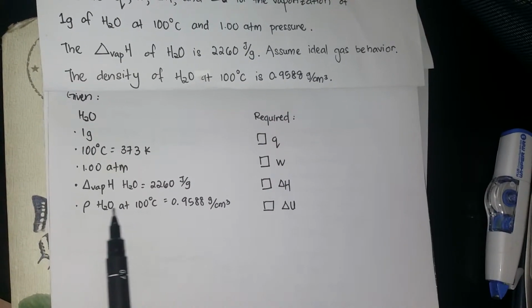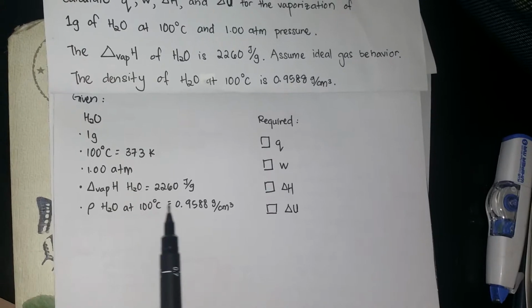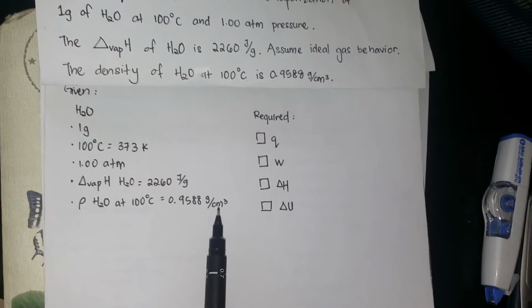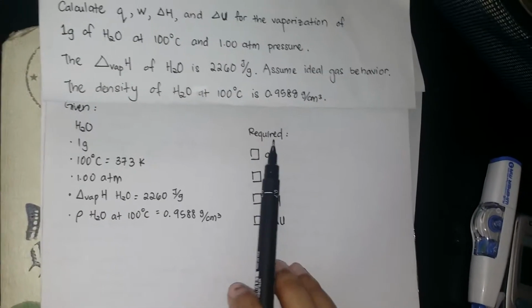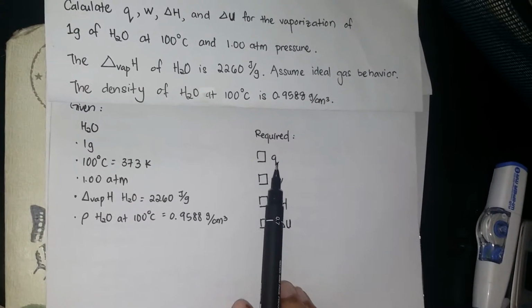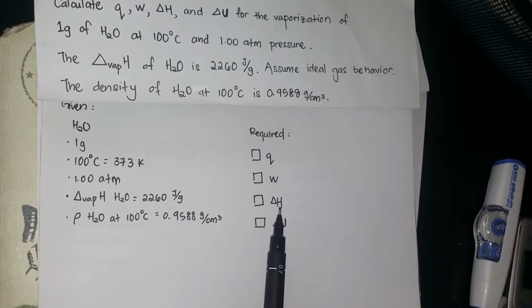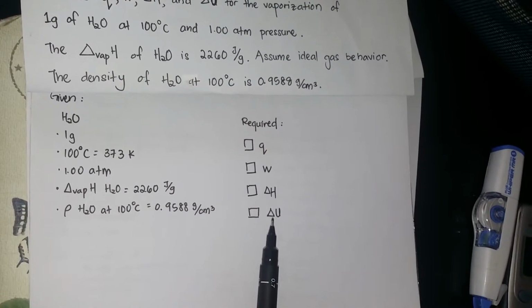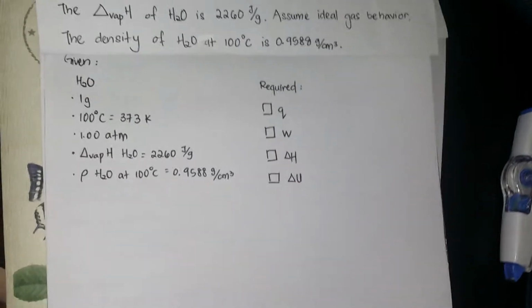Density at 100 degrees Celsius is equal to 0.9588 gram per centimeter cube. Now what is required here is the heat transfer, the work done, the change of the enthalpy, and the change of the internal energy.